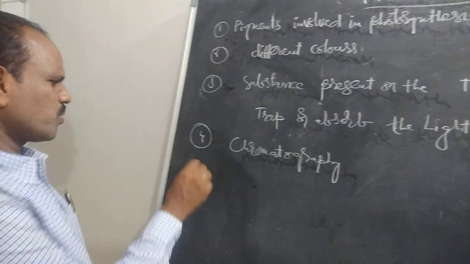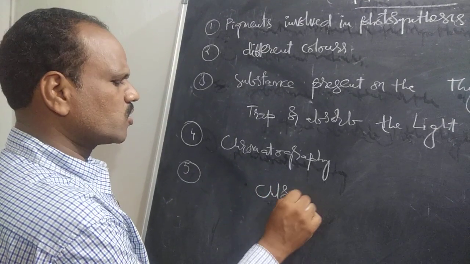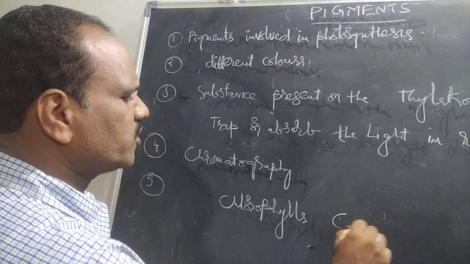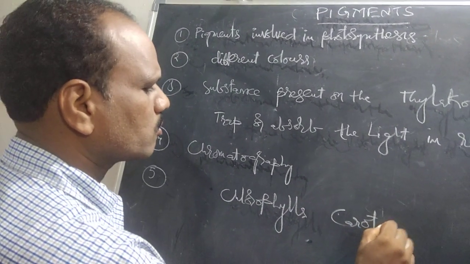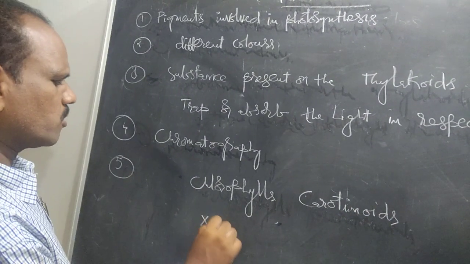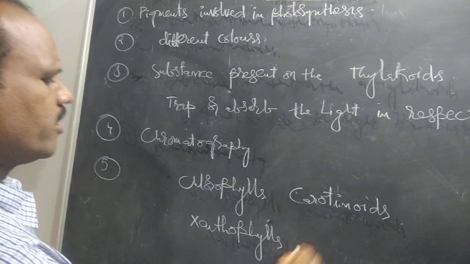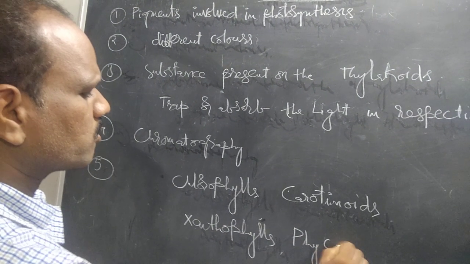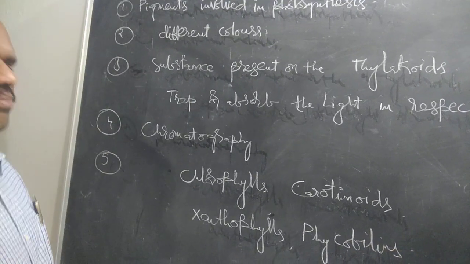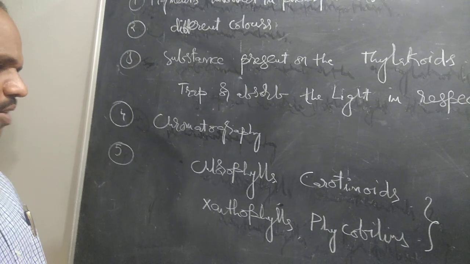The pigments present in plants are generally chlorophylls, carotenoids, xanthophylls, and phycobilins. These are responsible for the different colors of the plants and plant parts.